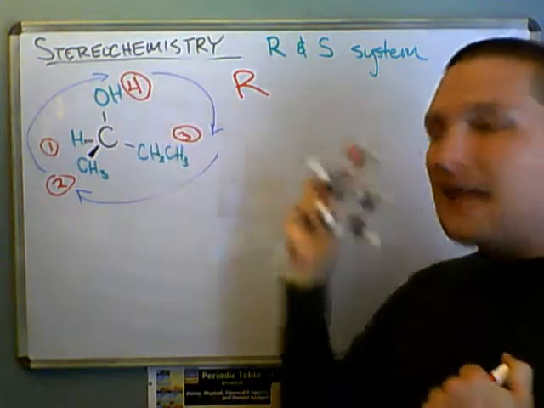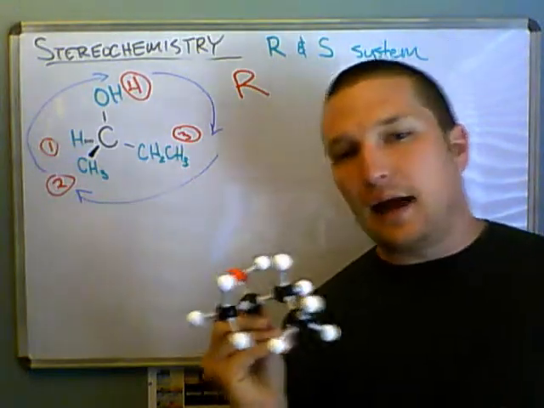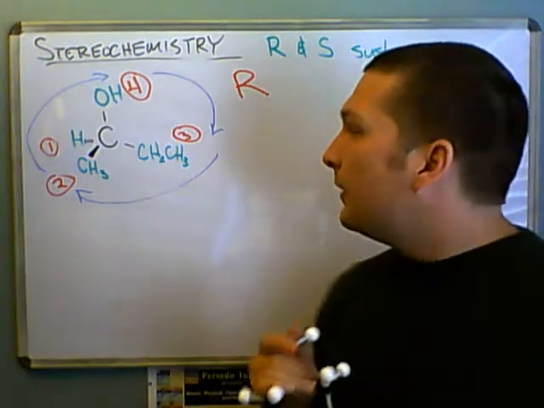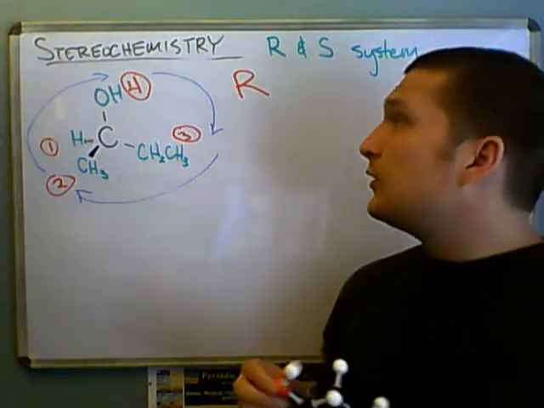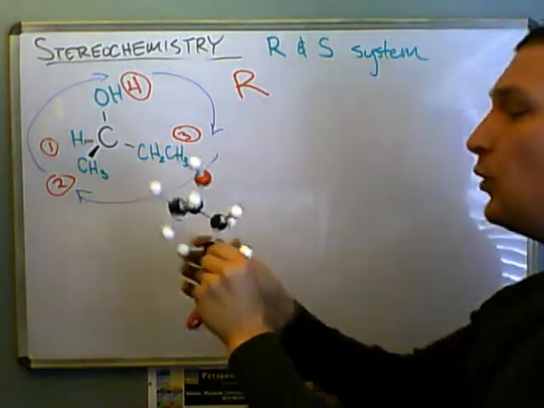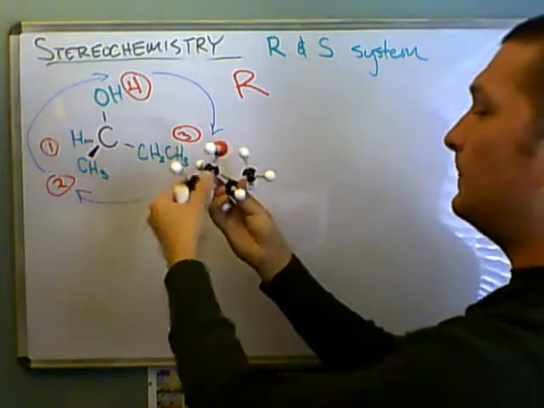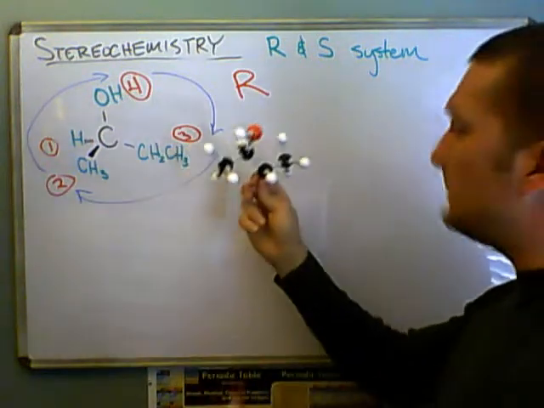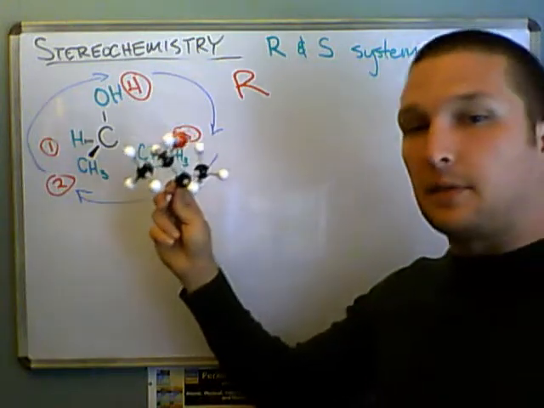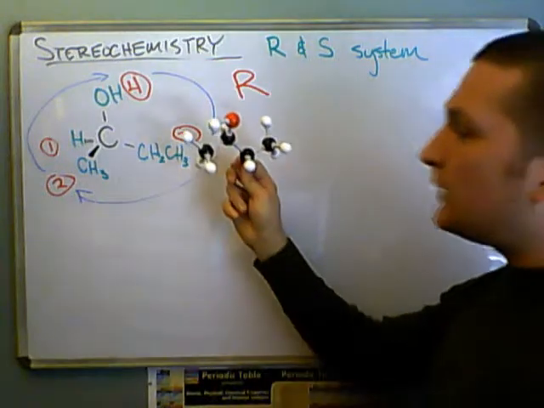Now, when it comes to naming this, first thing we've got to do is name the actual compound. And I haven't put up videos on how to name organic compounds, but if you're looking up stereochemistry, then you should have a pretty good idea of how to do this anyway. So real quick, I'm going to just look at the molecule that we have here and count the carbon chain, right? So we have 1, 2, 3, 4 carbons. So that's going to be but-something. And I see that we have a hydroxyl attached to the second carbon there.